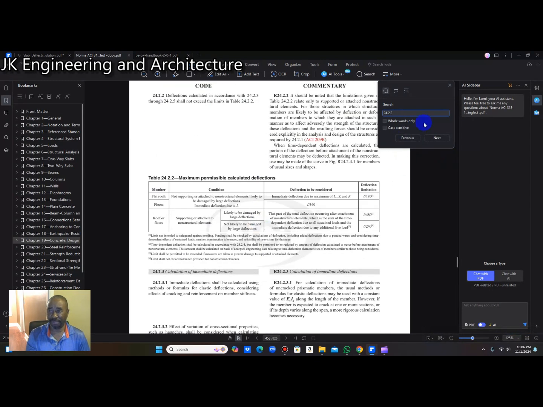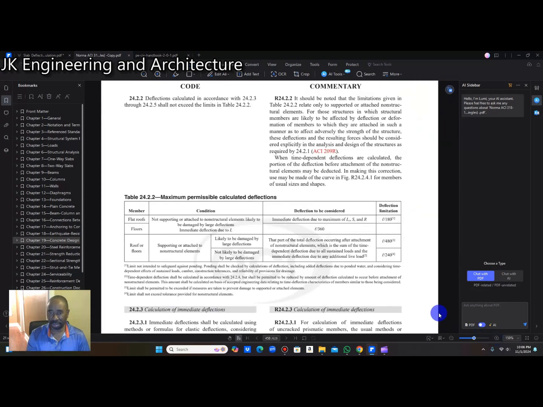So here we have it, folks. In this instance, we come to the table here for maximum permissible calculated deflection. Since we are designing a floor slab, we're going to use floor, and it is the immediate deflection due to the live load, which is L over 360.